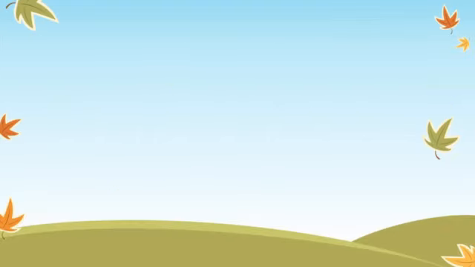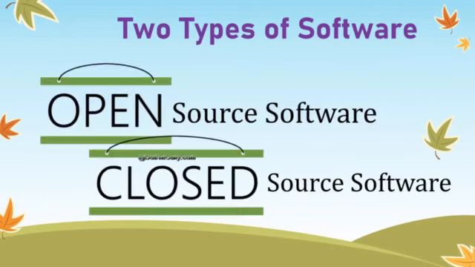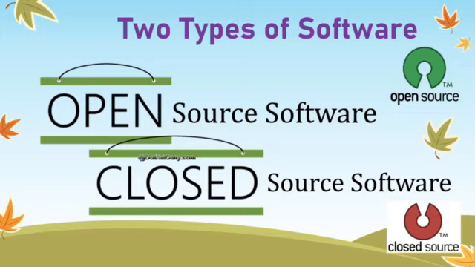There are two types of softwares: open source software and closed source softwares. Open source softwares are the softwares which are freely downloadable, and the source code of the software is available to the user.